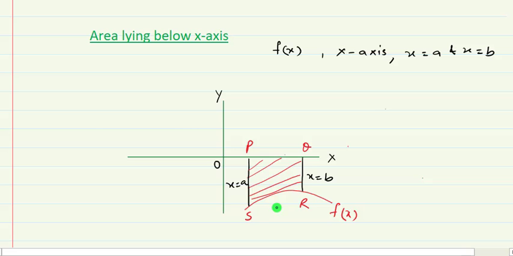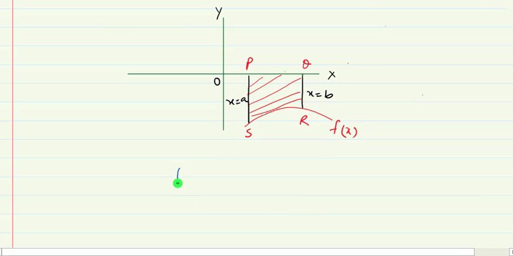As in the previous case, we'll write it from the limit a to b. I'll write here area PQRS is given by the integral from a to b with a negative sign. So when the area is lying below x-axis, then the integration will be negative.